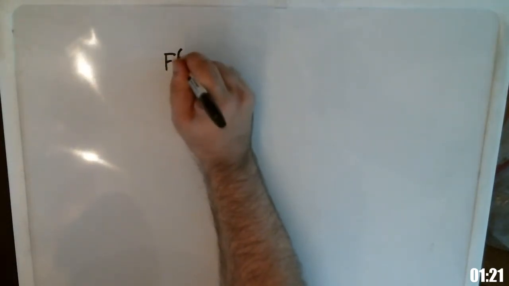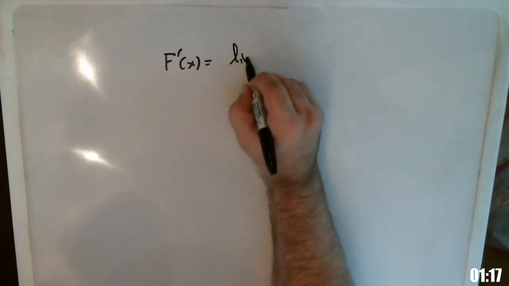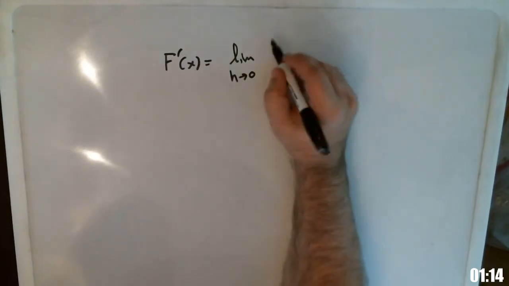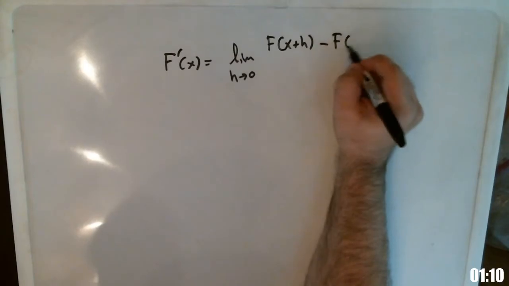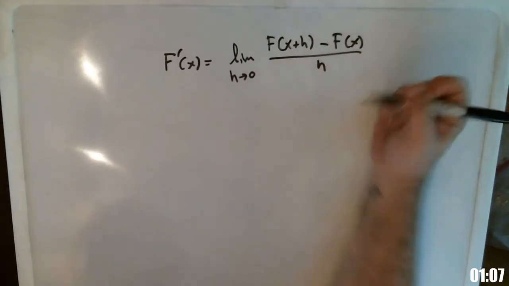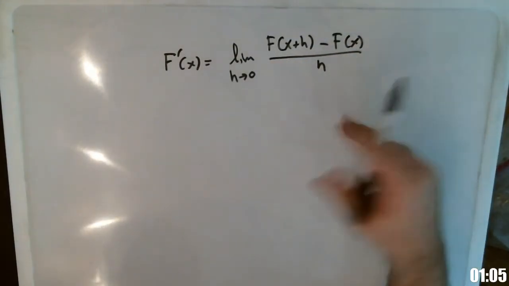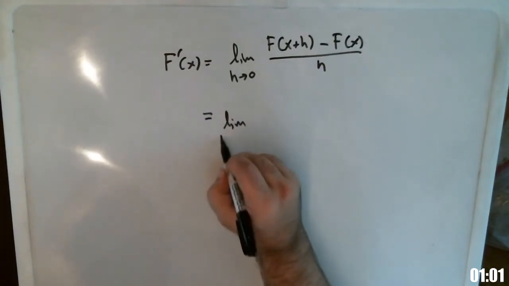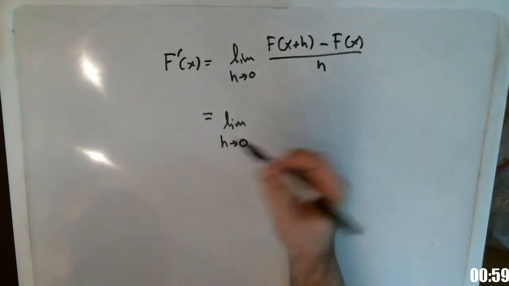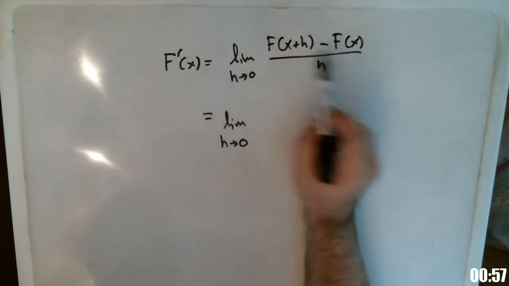Now, big F of x, the derivative of that with respect to x, just using the limit definition of derivatives, is the limit as h goes to 0 of F of x plus h minus F of x over h. Remember, this is kind of like a weird 0 over 0 thing, but now I'm going to use the definition that we set forth for what each of these integrals are.